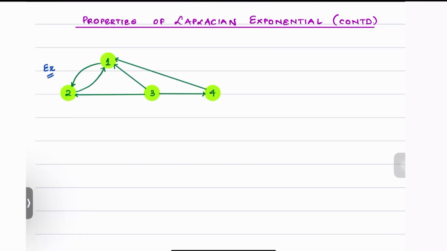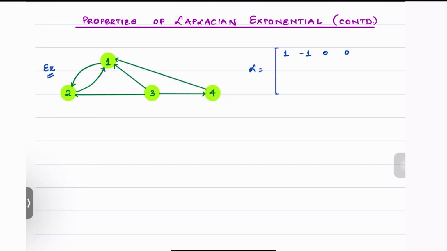Let us consider the digraph that is shown here. For this particular digraph, we know that the Laplacian is equal to the out degree matrix minus the adjacency matrix. So let me directly write what it's going to look like. The out degree of first node is 1, and it has an outgoing edge to node number 2. Hence, I can directly write the entry like this.